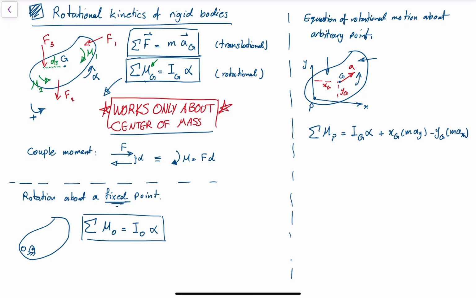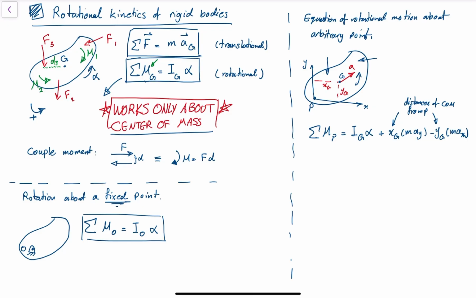Let me double check the signs. Yes. So you have to take into account these linear accelerations. These two are distances of the center of mass from point P, noting the signs. This could be positive or negative depending on which direction in the coordinate frame you are.